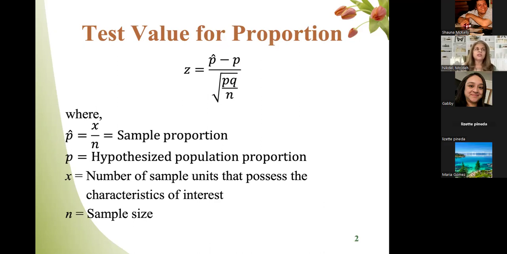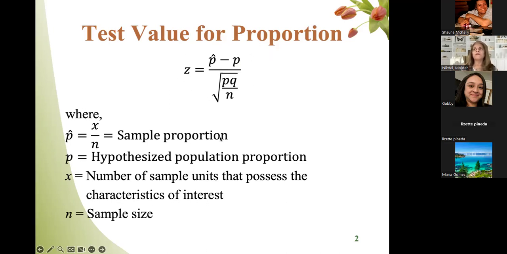So don't think that the claim is always H1 or always H0. Then you look at the alternative hypothesis H1 to determine the tail test: left tail, right tail, two tail.